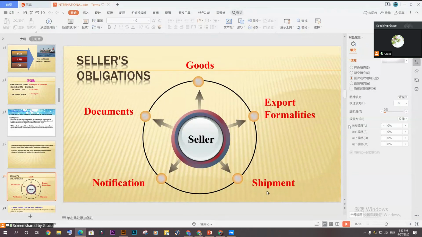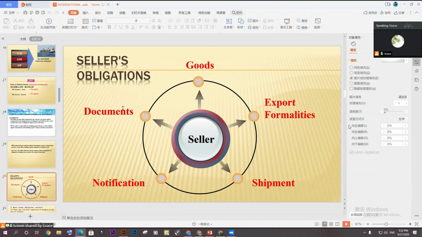Shipment means the seller is obliged to put these products on board the vessel. And the fourth one is notification. Notification means the seller should notify the buyer that they have already shipped the products. They have completed the shipment of the products.